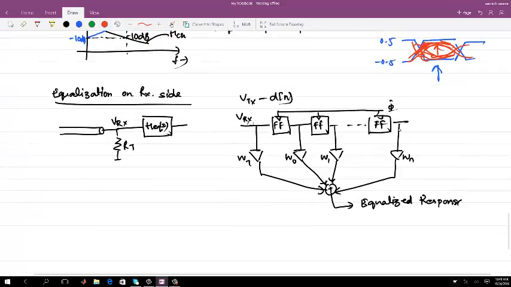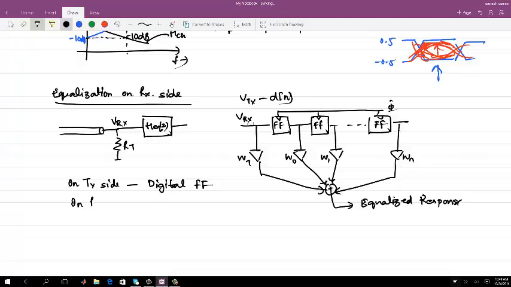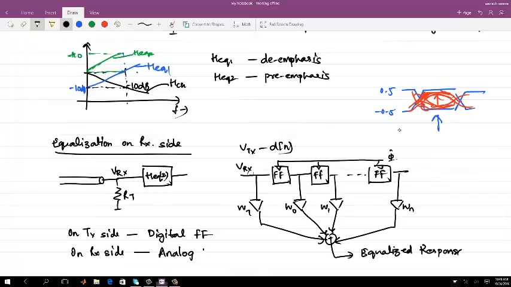So on the transmitter side, you have digital flip-flops to work with. On the receiver side, for the same thing, you need an analog flip-flop, ideally, which can sample the voltage and transmit it to the next flip-flop without disturbing the voltage.